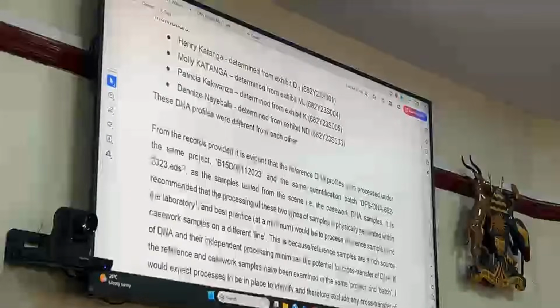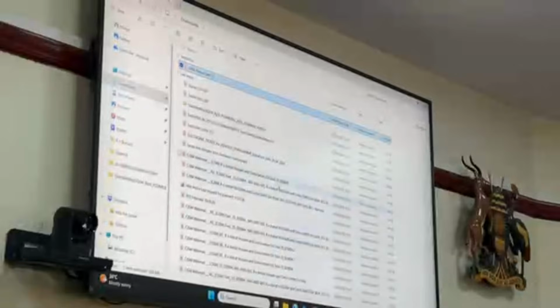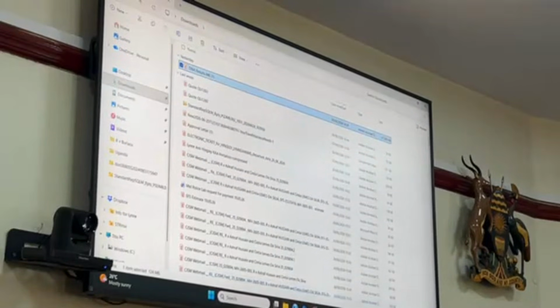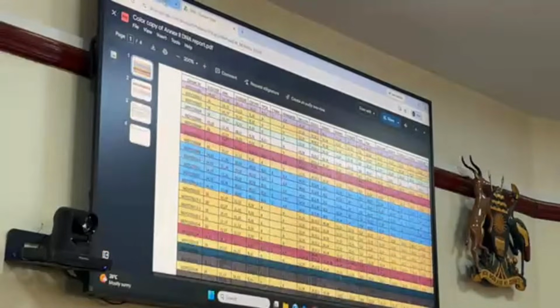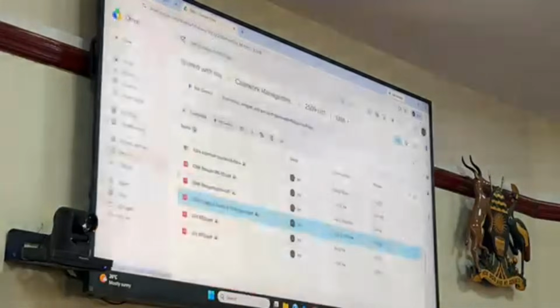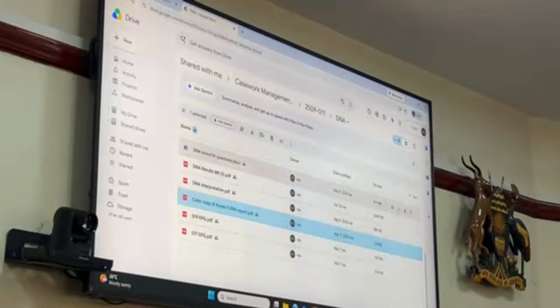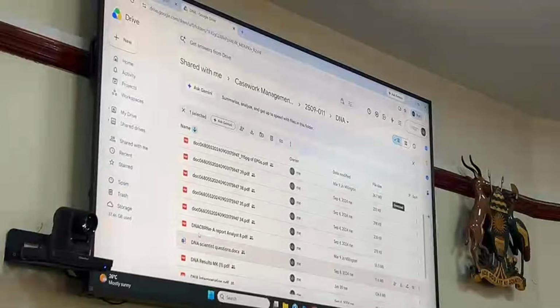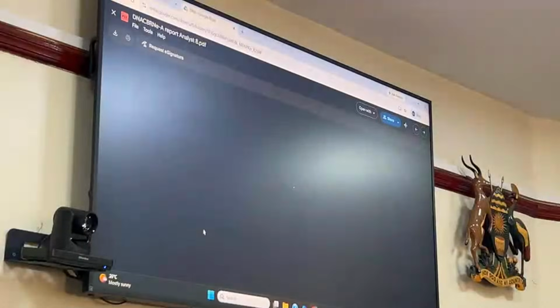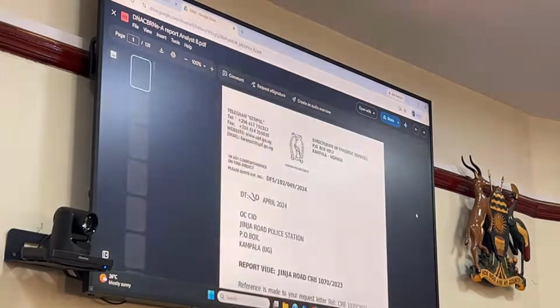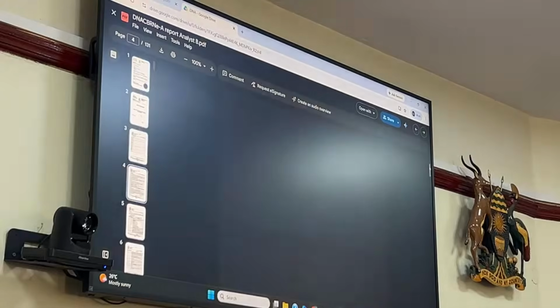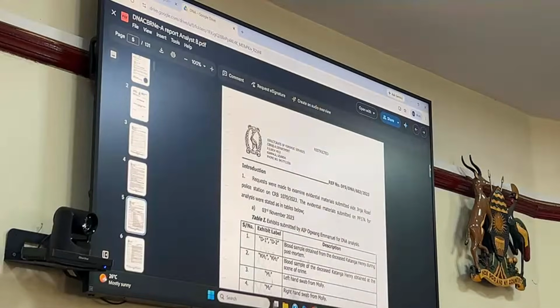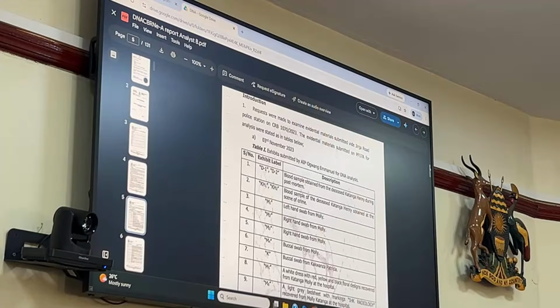I understood it that the samples were taken from Henry, Molly, and Patricia, labeled 1 to 5, and that looking at the reference DNA profile together with the exhibits would be poor laboratory practice. Mr. Karanga, you raised an objection as to where these swabs were gotten from, whether you're dealing with a general question or a specific one.